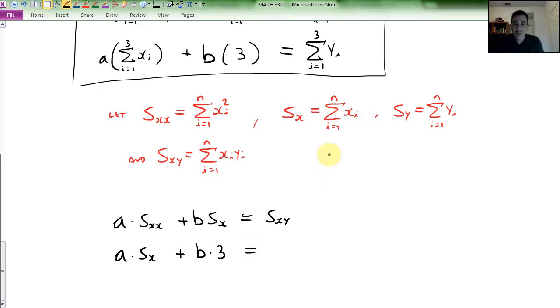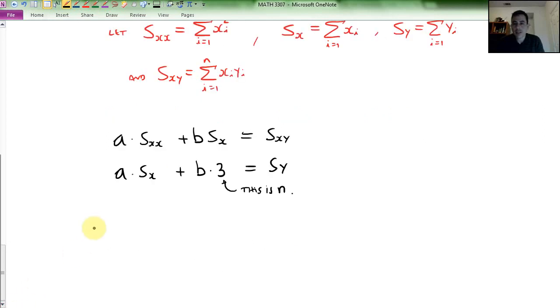This 3 here is the n, because in our case we were using 3 points, so that's why you see the 3 there. Just a side note. Very easy to solve this system. The coefficient matrix is sxx, sx, sx, and then here's 3.